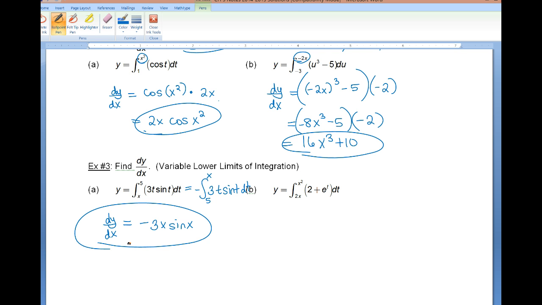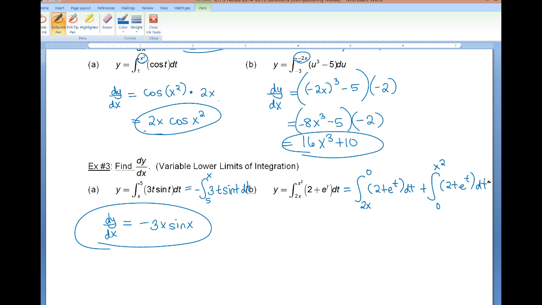Okay, the next one, we have a situation where we have lower and upper bounds. Both have a variable. So what we're going to do is separate this using the additive property. I'm going to separate this into the integral from 2x to 0 of 2 plus e to the t dt, plus the integral from 0 to x squared of 2 plus e to the t dt.